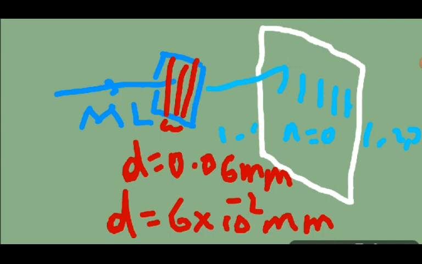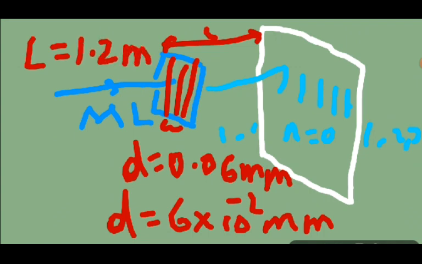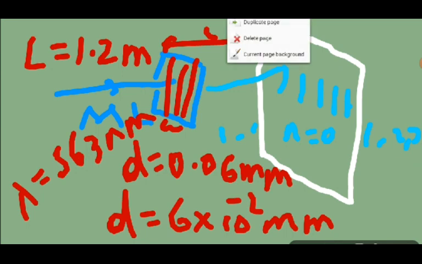The other given value is the distance between the diffraction grating and the screen, which is 1.2 meter. It's already given in the question. Lambda, the wavelength, is 563 nanometer or 563 times 10 raised to minus 9 meter. So these are the given values.